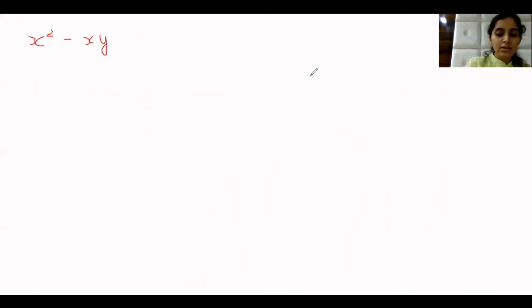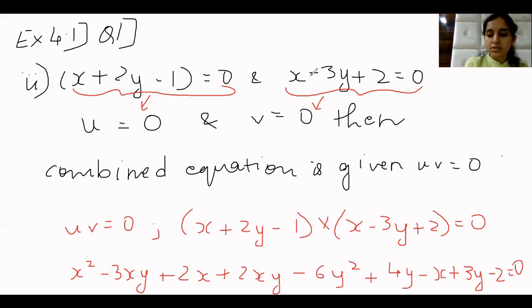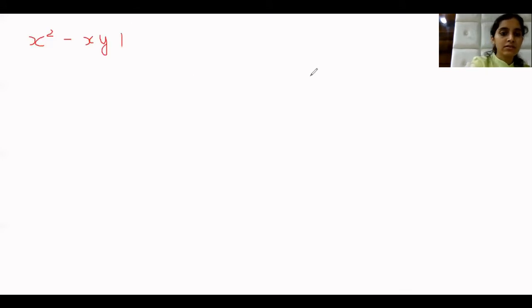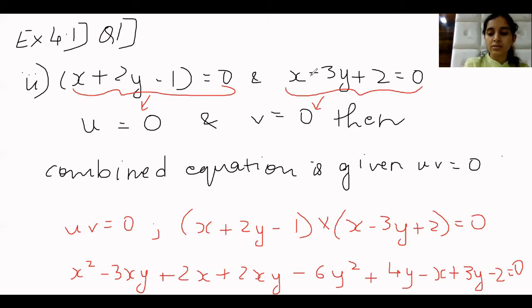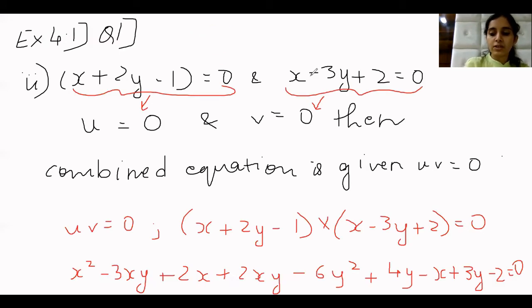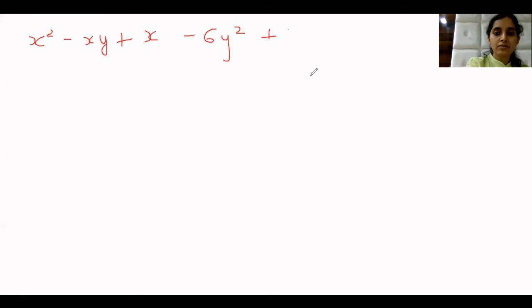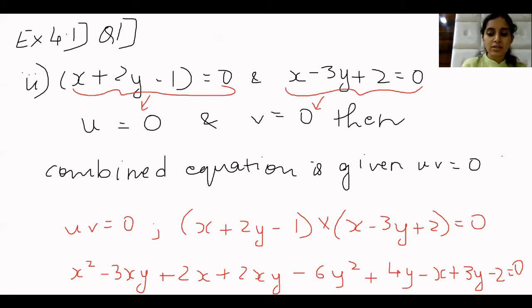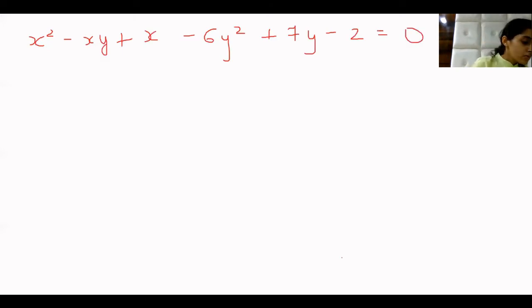Then plus 2x minus x, so plus x. Then minus 6y square, no other y square terms. Then plus 4y plus 3y is plus 7y, minus 2. Only one constant term we have here, minus 2, equal to 0.